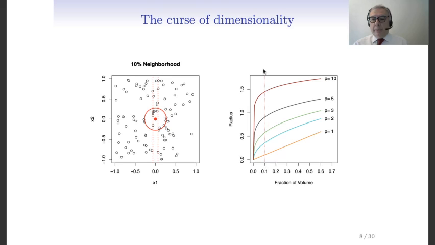Now, what happens? As I move from one dimension, which was x1, to 2 dimensions, x1 and x2, to 3 dimensions, the case of the ball, I will find out that the radius that I need to take, so I have to take a hypersphere to describe the boundary of the neighborhood, is going to increase very much, as long as the fraction of the volume I want is 10%.